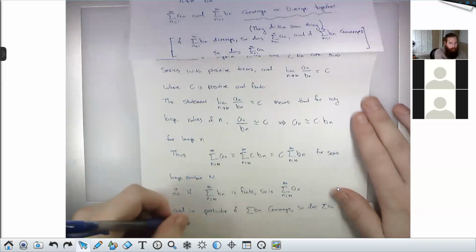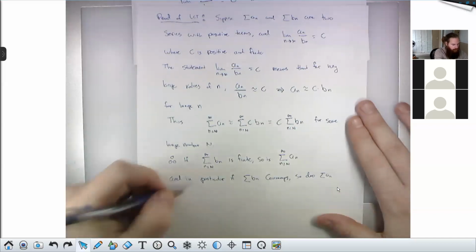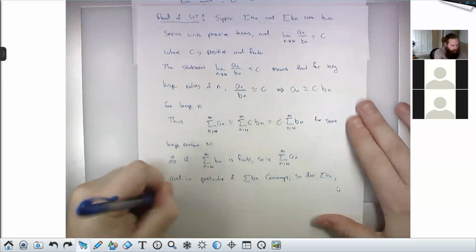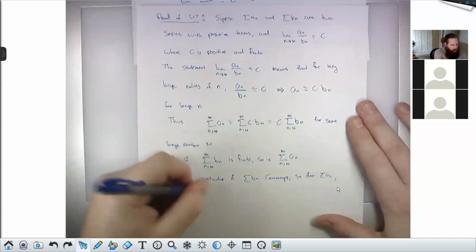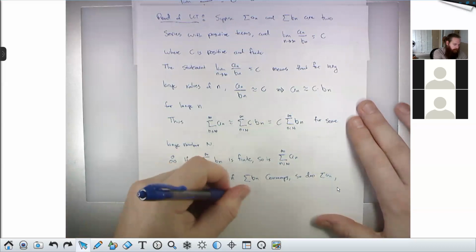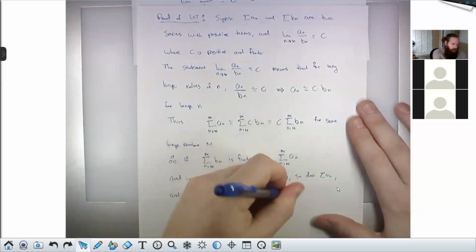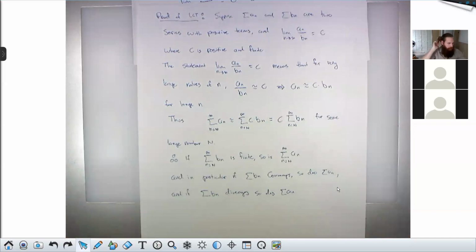And if sigma Bn diverges, so does sigma An. All right, so that's the proof.